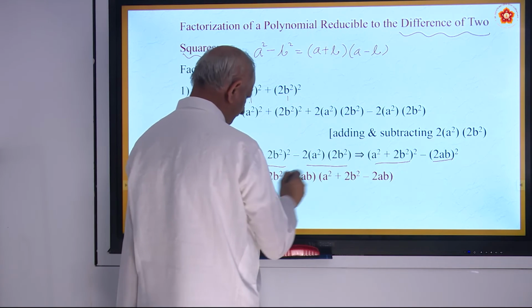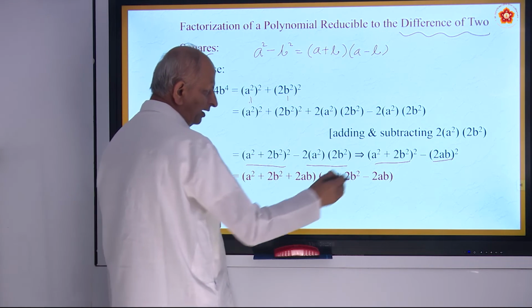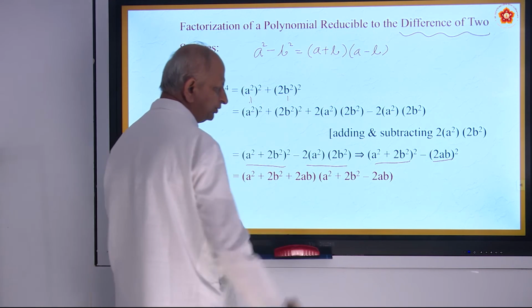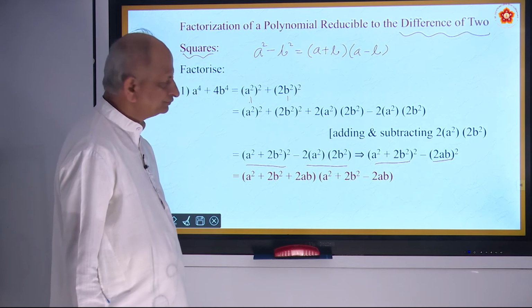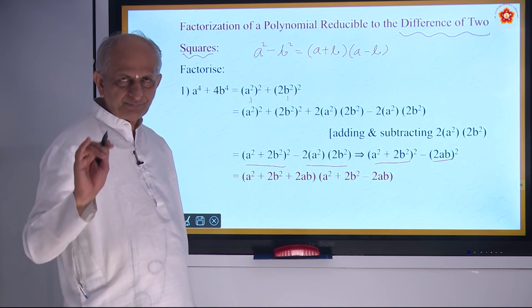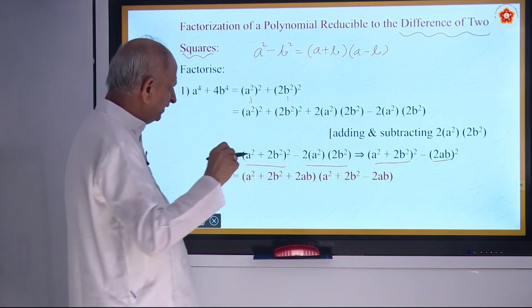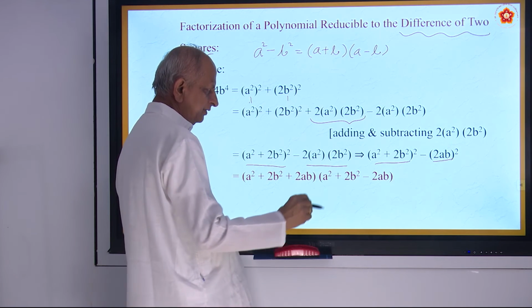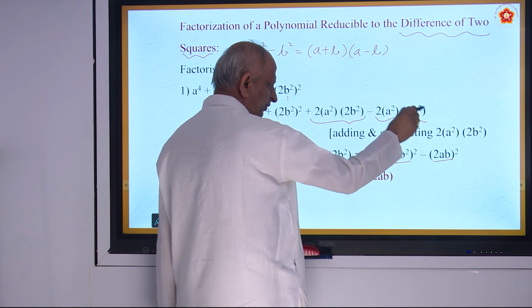So this is (a squared plus 2b squared plus 2ab) (a squared plus 2b squared minus 2ab). That is the answer by using this formula. The only special item is we added 4a squared b squared, we subtracted 4a squared b squared.